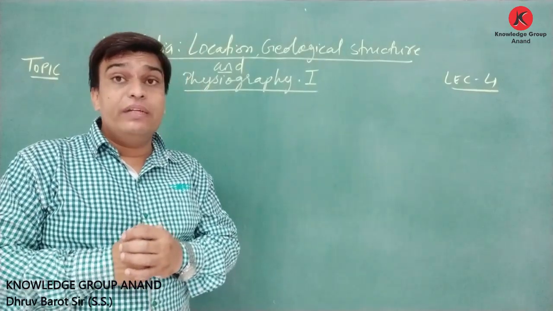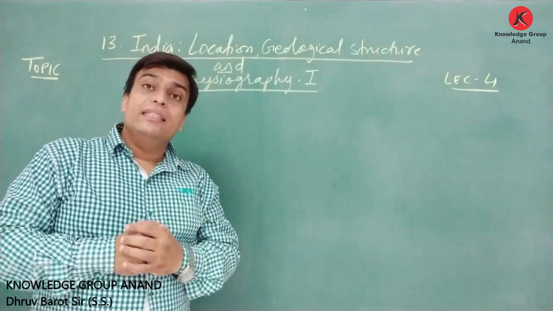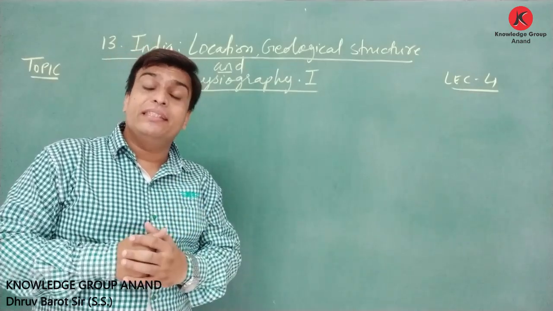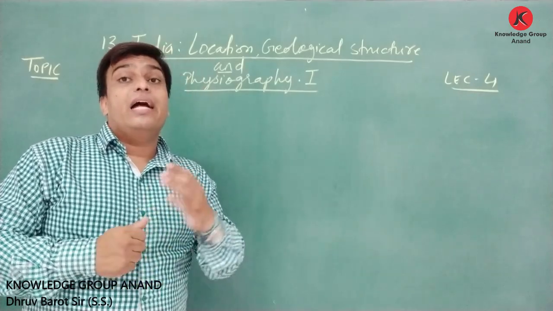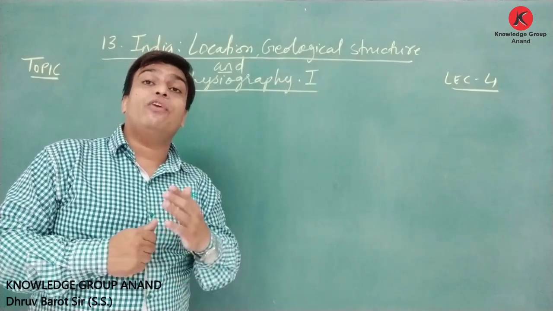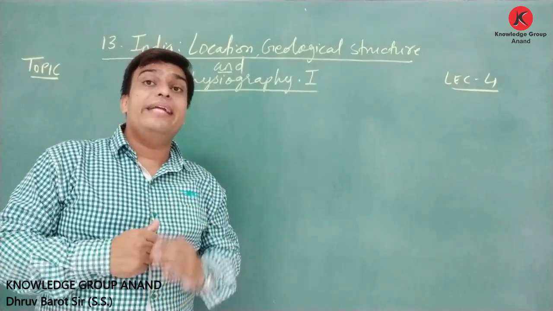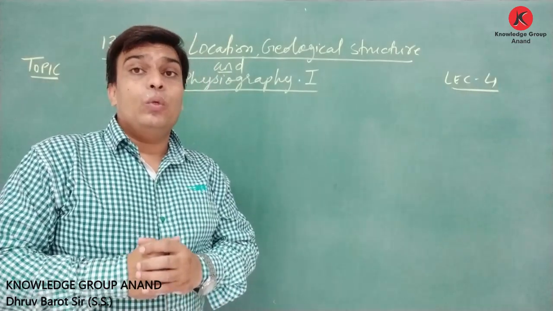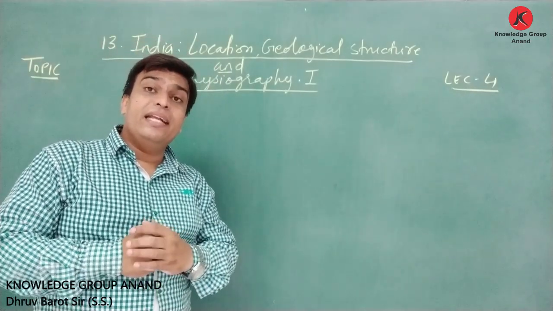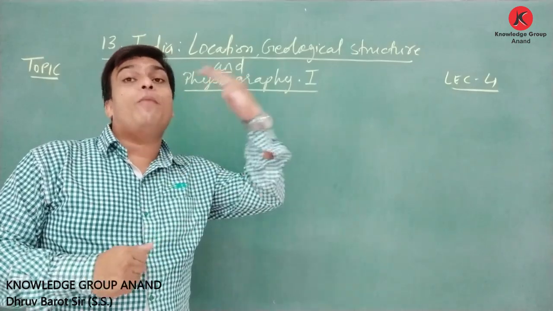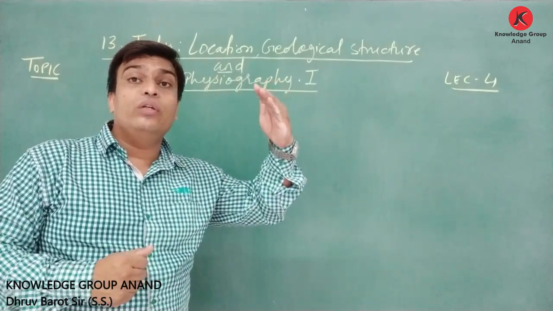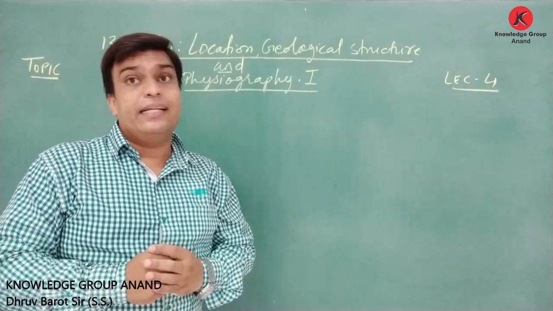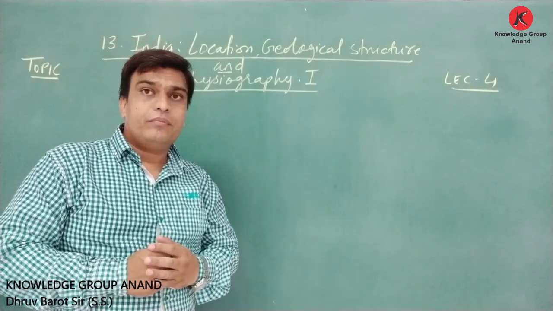Along with it, we discussed that at 23 degree 5 minutes north latitude, the Tropic of Cancer passes through the center of India, which divides India almost into two parts. The part above the Tropic of Cancer is known as North India, and the part below the Tropic of Cancer is known as South India.